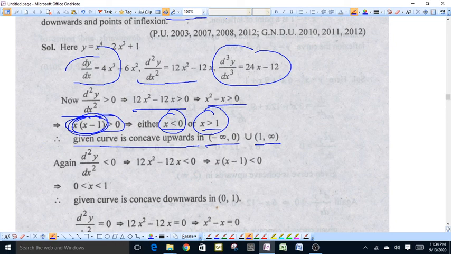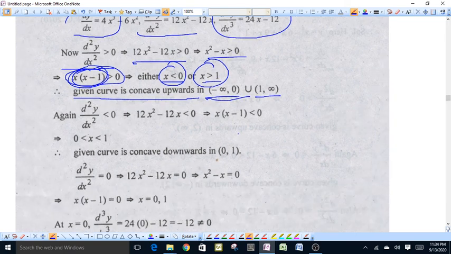Curve will be concave upward in this interval minus infinity to 0 or 1 to infinity. Again, second order derivative will be negative when 12x square minus 12x is less than 0, that is x into x minus 1 is negative.